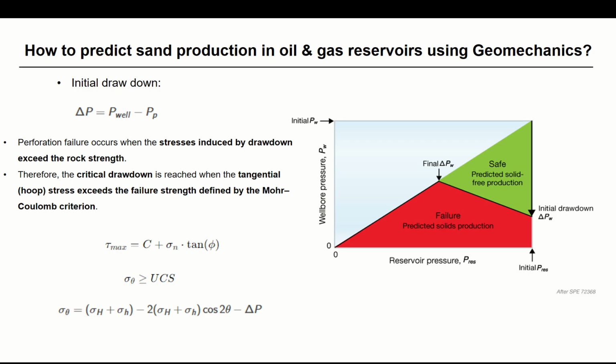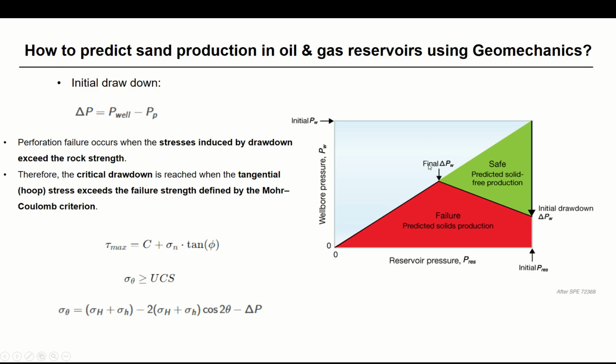At the initial condition, you have the initial drawdown, as you know, but it's not the conventional initial drawdown. We talk about pressure as reservoir pressure minus well pressure. But in the geomechanics convention, we will use well pressure minus reservoir pressure to avoid the minus sign within this equation. So first we start by making the reservoir flow with the initial drawdown, and after that we have, at this point, the final drawdown.